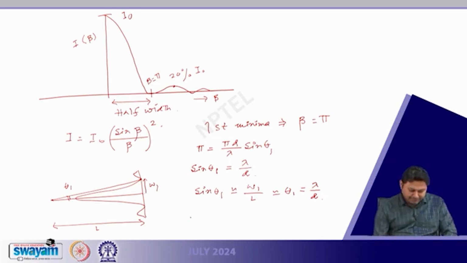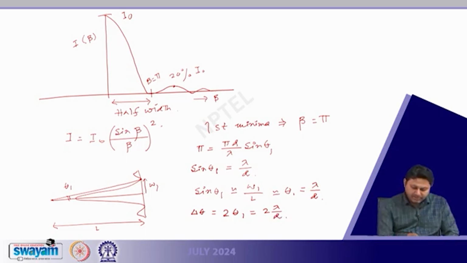So, my angular separation delta theta will be 2 theta 1, and it should be 2 lambda divided by d, that is the angular width.